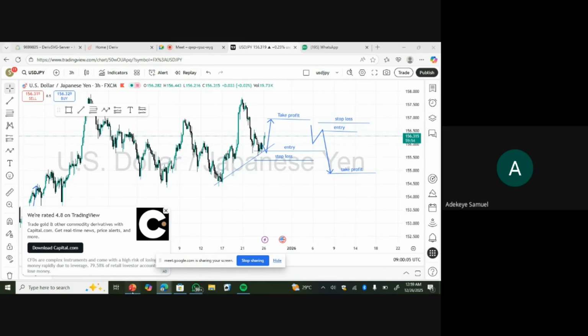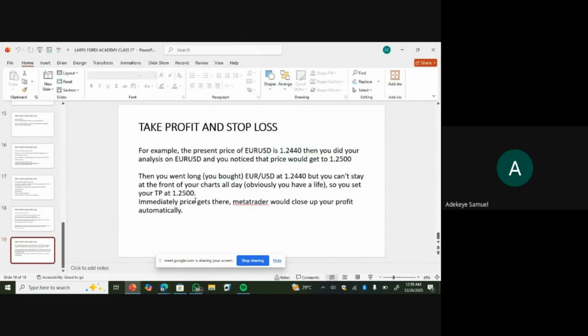Now, for example, let's say the present price of Euro USD is 1.2440. Then you did your analysis on Euro USD and you noticed that the price could get to 1.2500.